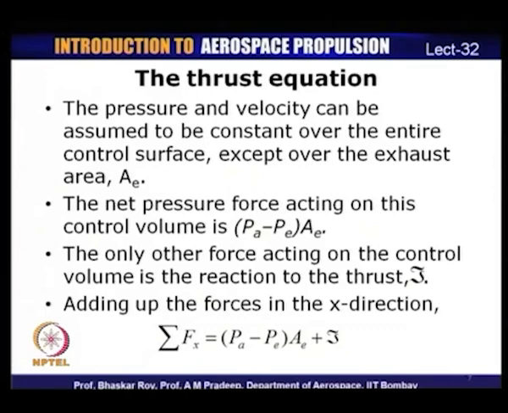So, the net force is coming from two components. One is because of the difference in pressure from the inlet to the exit multiplied by the exit area, which is the pressure thrust, and the other term is the reaction to the thrust itself, which is tau.